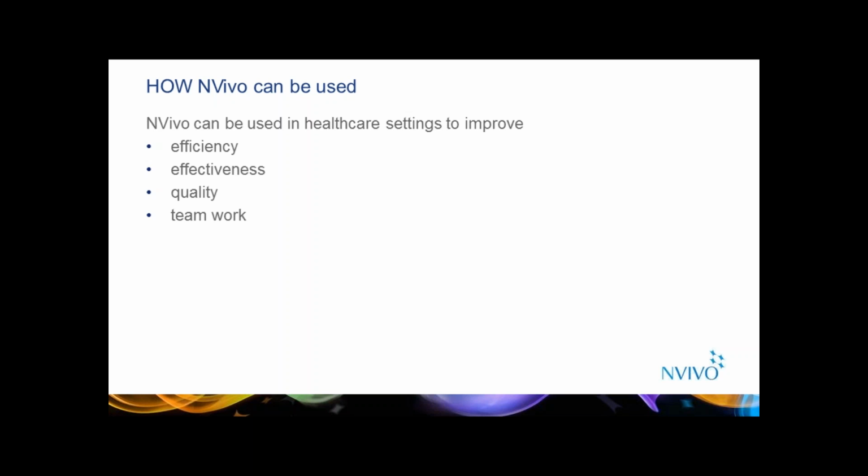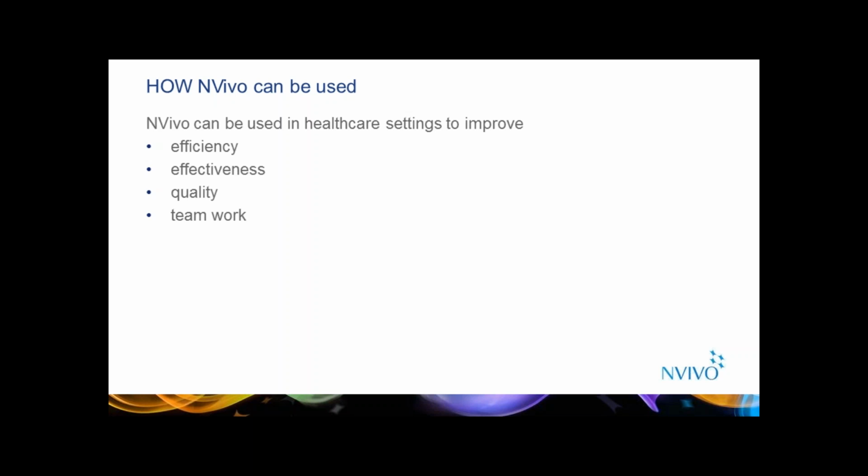So going back to that longitudinal work, or something like a patient satisfaction survey that's used over a number of iterations, you can bring in the results and compare them over time. And with NVivo 11 Pro and Plus, you can increasingly teach NVivo to automate the coding within themes that are very consistent, so it can become more and more adept at auto-coding some of those themes for you.